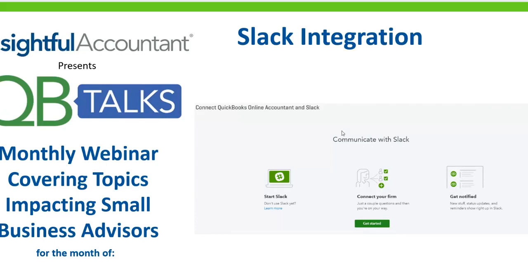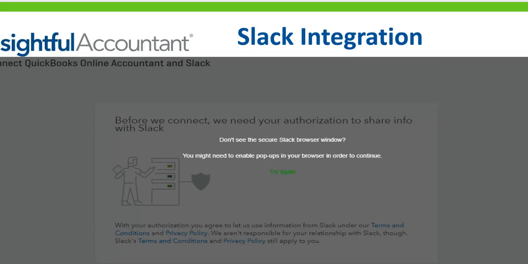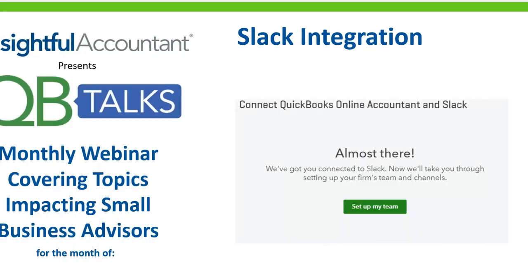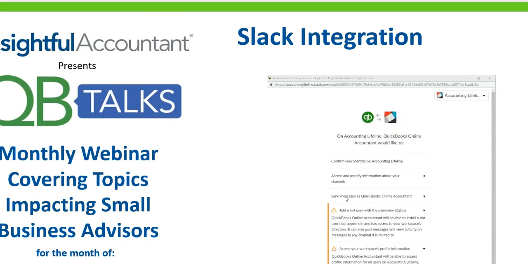So you set up your Slack and then you tell QuickBooks that you want to integrate with your Slack. And then it says, okay, well, you need to have Slack opened in order for QuickBooks to see that in your browser and connect the two. And then once you do that, then it says, now we would like to integrate with your team members. So that way you can communicate with your team what's happening.